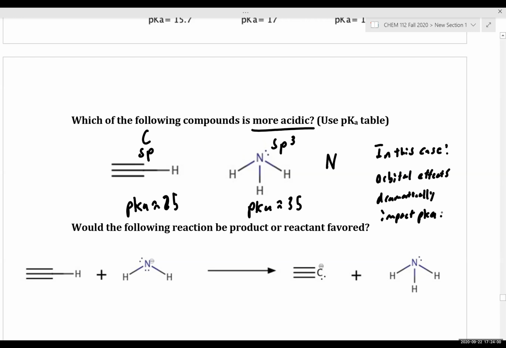So as we can see, even though we'd expect the ammonia to be more acidic from the perspective of atom effects, in this case, because there's a substantial difference in the hybridization of our two atoms, the alkyne proton is substantially more acidic as a result of these orbital effects.